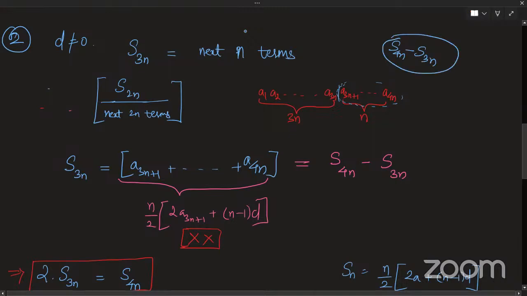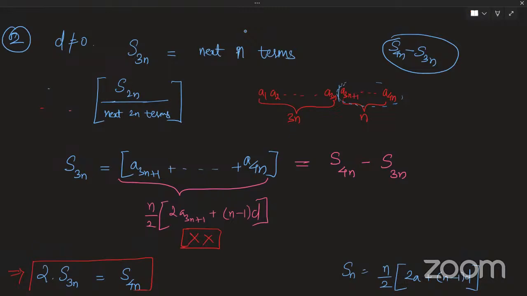Because you can take the sum of first 4n terms and then subtract the sum of first 3n terms. So you get the sum of next n terms. Is this clear? Yes, sir. You can call it S of 4n minus S of 3n, right?